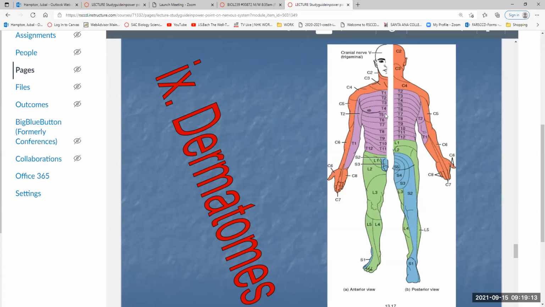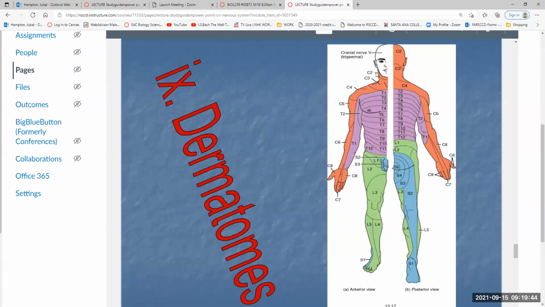So let's say they ran it around your nipple and you don't feel anything, but then just a little bit superior, yes, you can feel. A little bit inferior, yes, you can feel that. So they could isolate it to T4 and say with a high degree of confidence, okay, this damage is localized to this segment of the spinal cord. So we need to be looking very closely at this area, et cetera.